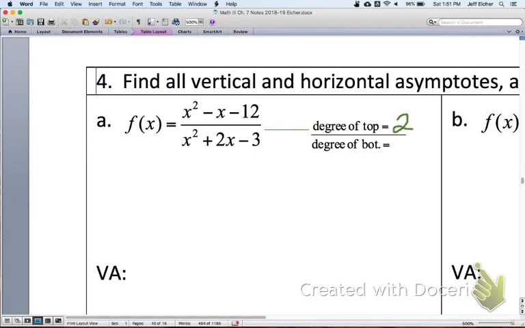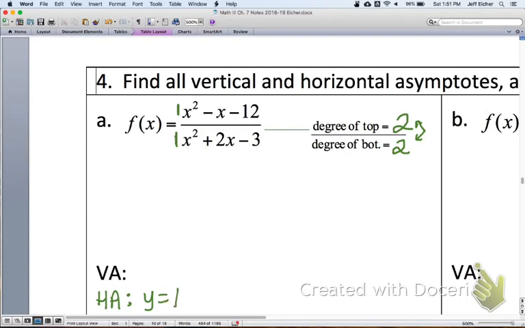The degree of the bottom is degree 2, that's its highest exponent. Since these degrees are equal, we look at the leading coefficients. This leading coefficient is a 1, this leading coefficient is a 1, so our horizontal asymptote is y equals 1.